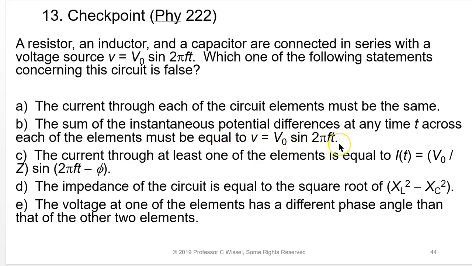That one's true also. The third one says the current through at least one of the elements is equal to I of t equals V naught over Z times the sine of 2 pi ft minus phi. That one's true. Now this one we already identified as being false. The voltage of one of the elements has a different phase angle than that of the other two elements. That's also true. So the only one that's false is this.